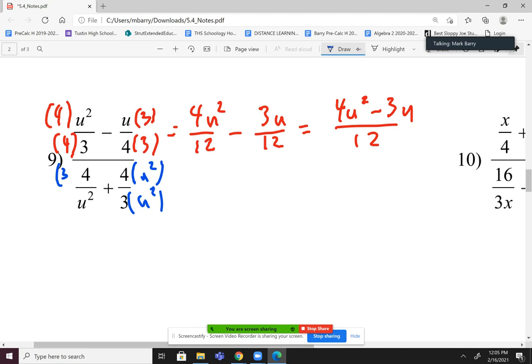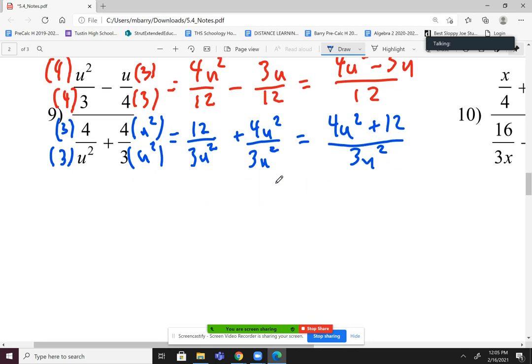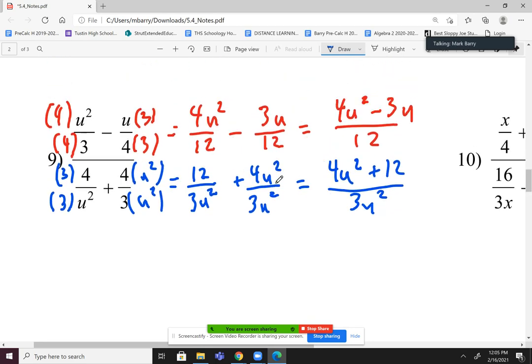Multiply this one by 3. Okay, so this will be 4u squared plus 12 over 3u squared. Okay, so that's done with step 1.